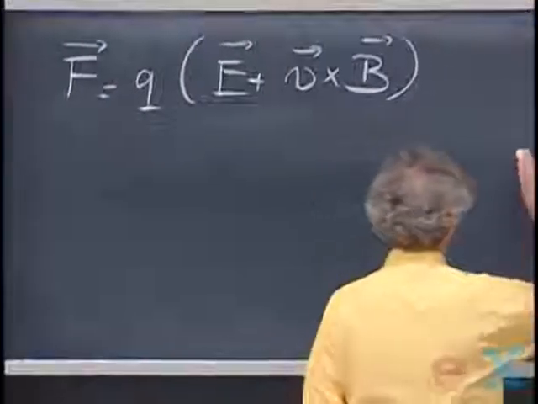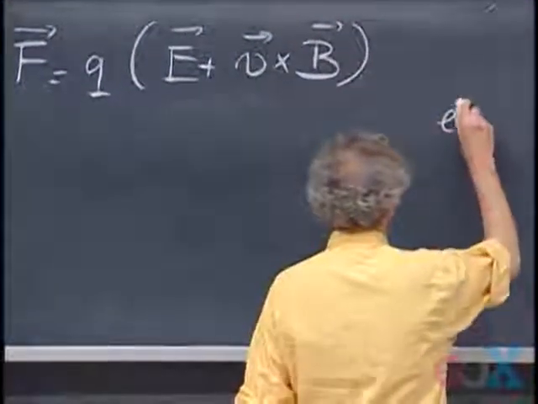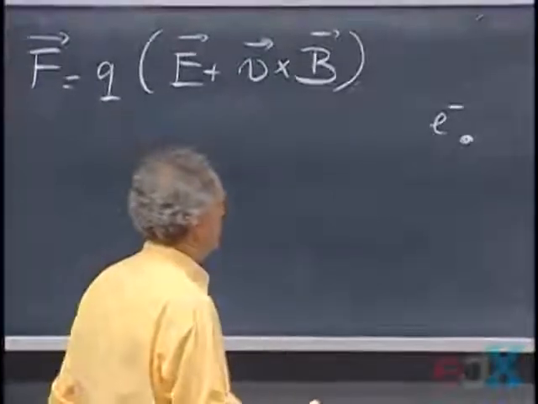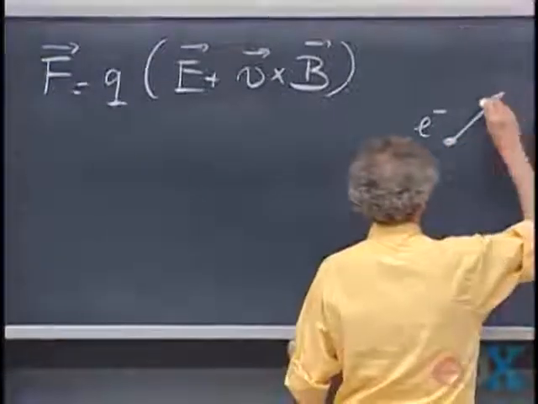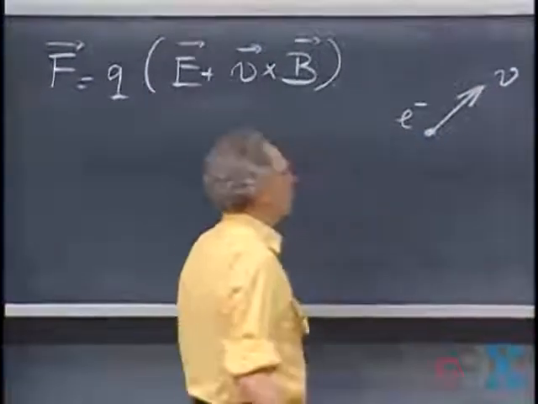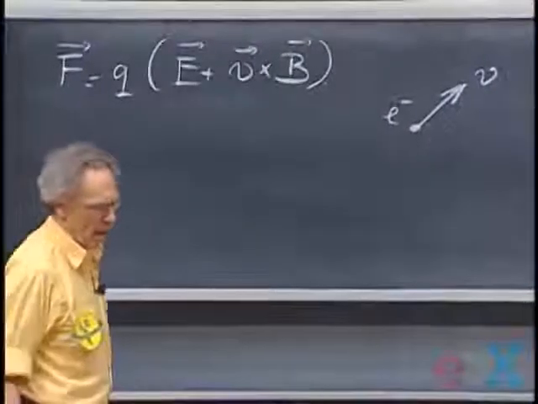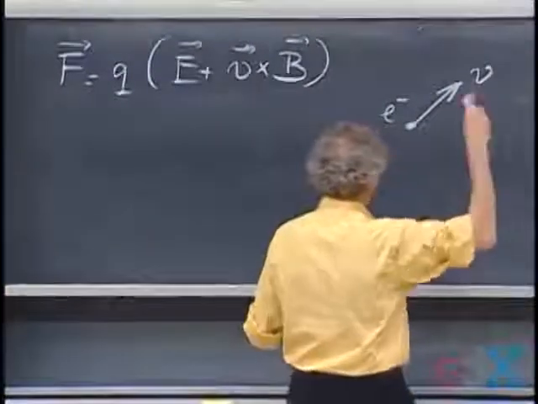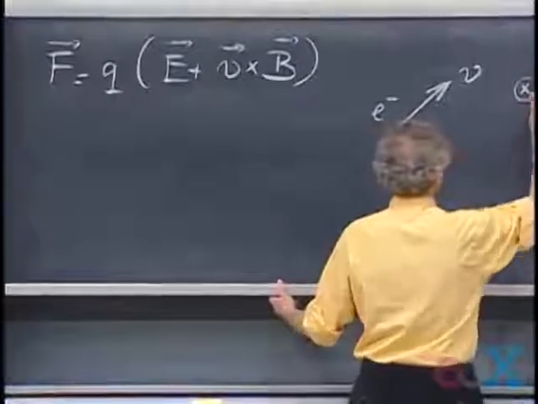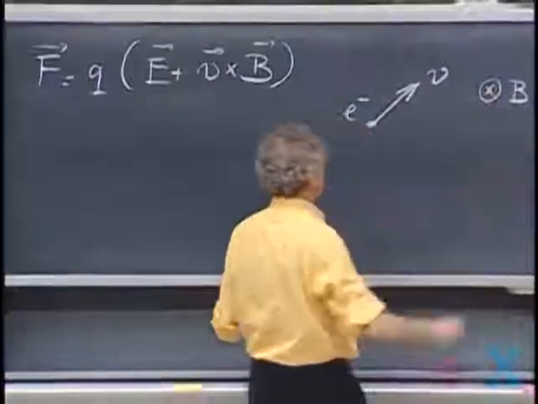Let's take a situation that I have an electron. I put a minus sign there to remind you that the charge is negative. And let this be the velocity of that electron, and let the magnetic field be uniform, perpendicular to the blackboard, going into the blackboard.